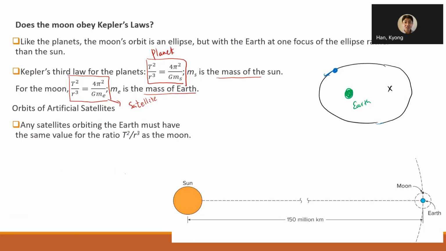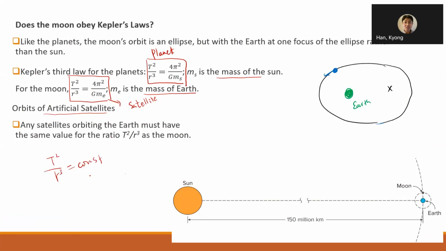The moon is a satellite of the earth, but it's different from an artificial satellite. An artificial satellite can also satisfy this formula. Any satellite orbiting the Earth must have the same value for the ratio of T squared over R cubed. This is always constant because the mass of the Earth doesn't change, and G is a universal constant.